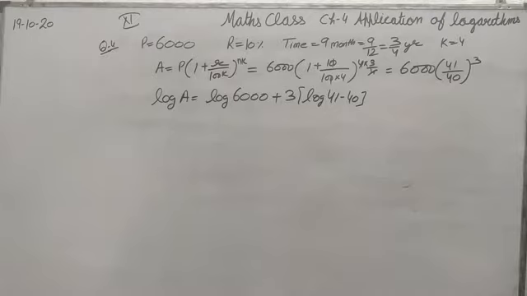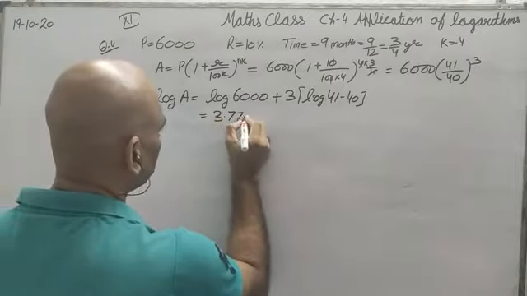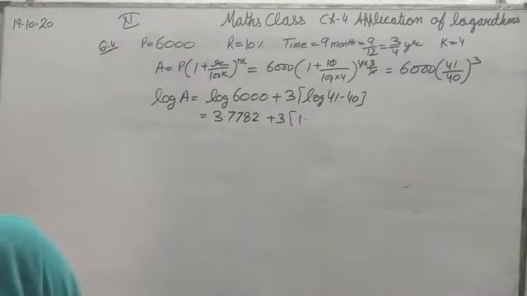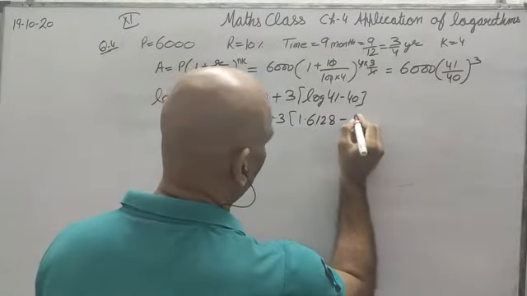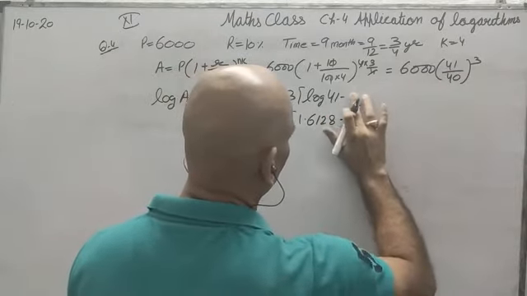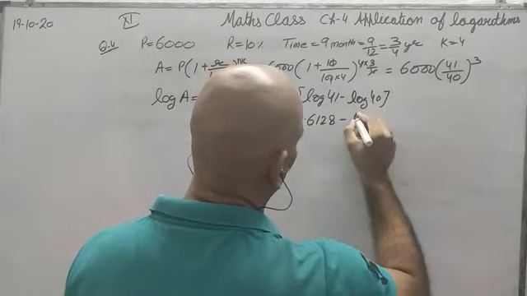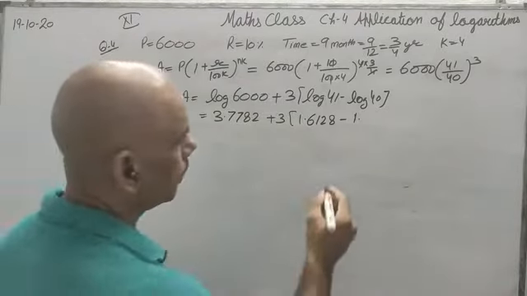Log 6000 will give me 3.7782. Plus 3 times log 41, which will be 1.6128, and log 40 will be 1.6021.